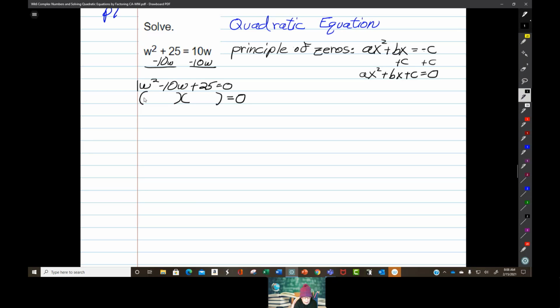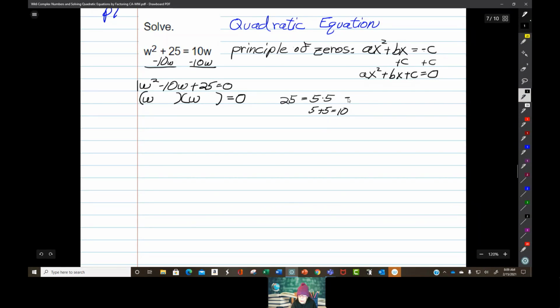Split w squared apart. And now factor 25 into two numbers that add up to -10. Well, what do I know? I know 25 equals 5 times 5, and that 5 plus 5 equals +10. But I know that any positive number also equals a negative number times a negative number.